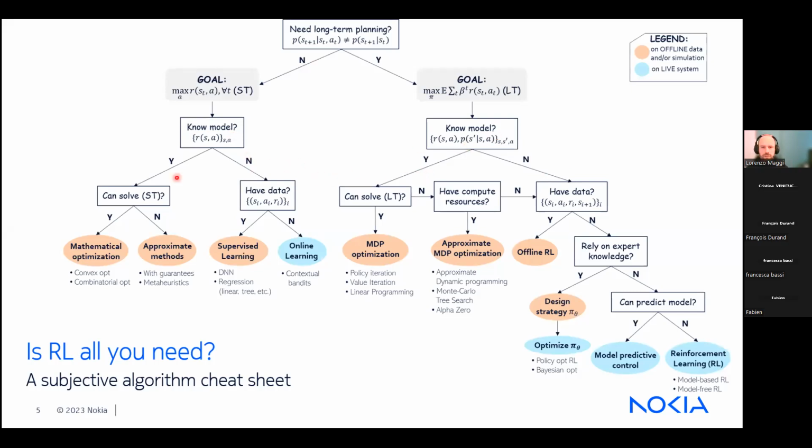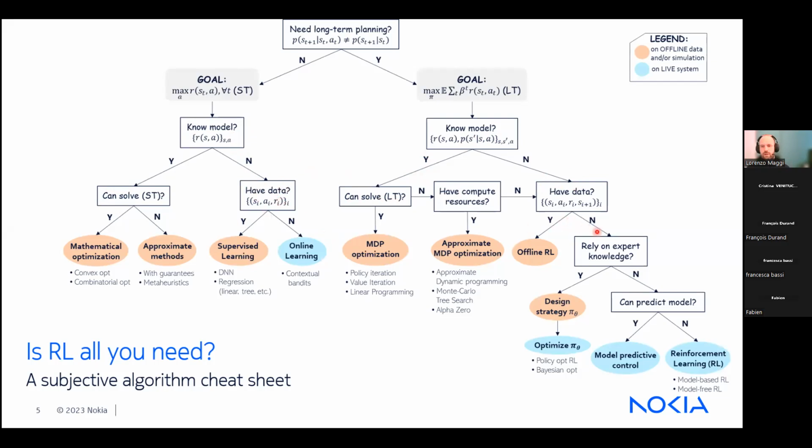Then, if you know the model, can you actually solve the problem? Because even if you know the model, sometimes the problem is so hard that you can only hope to approximate it in both cases. Then, do you have data? Do you have historical data?